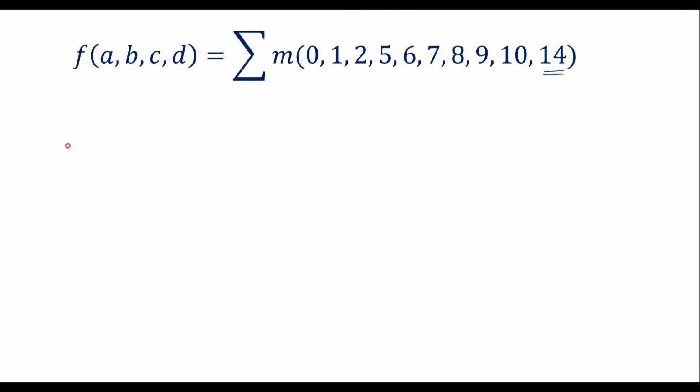Minterm 0, m0, is represented as 0, 0, 0, 0. Here the first 0 is with respect to A, then B, C and D. A indicates the MSB and D indicates the LSB.